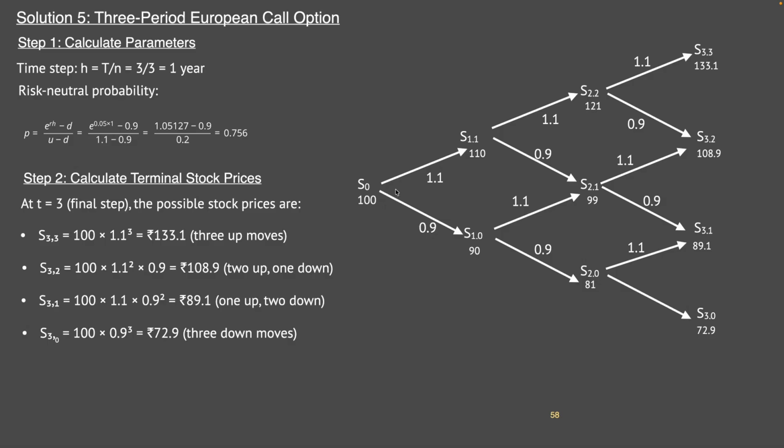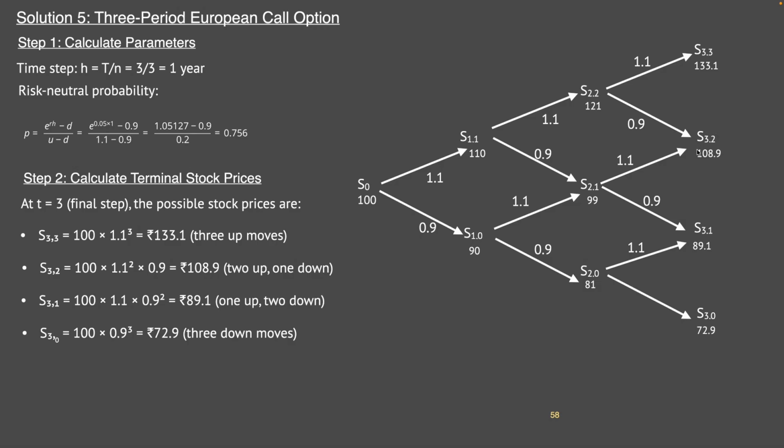Now if we want to calculate the value of S32, first we go through this: 100 into 1.1 becomes 110, 110 into 1.1 becomes 121, and 121 into 0.9, because we are moving down 10%, becomes 108.9.